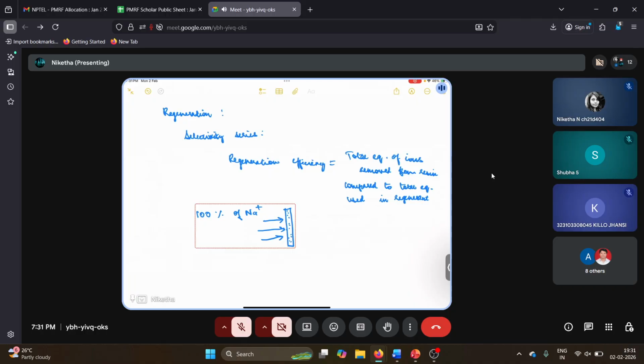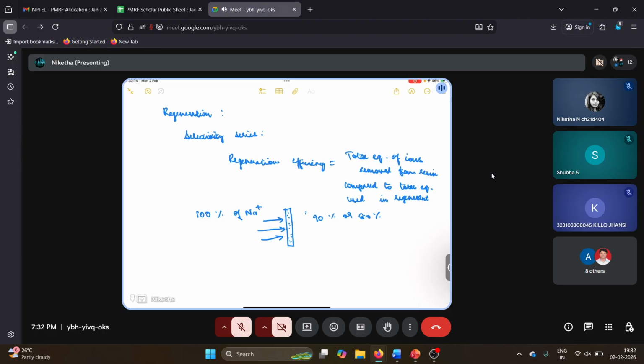So the concentration of the sodium ions in the resin is going to reduce. It will drop to maybe about 90% or 80%. And the rest of it will be removed and go out with the water.